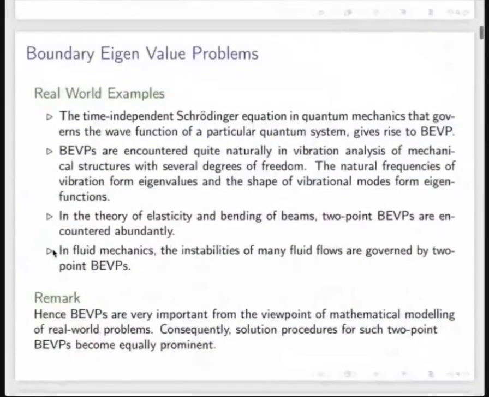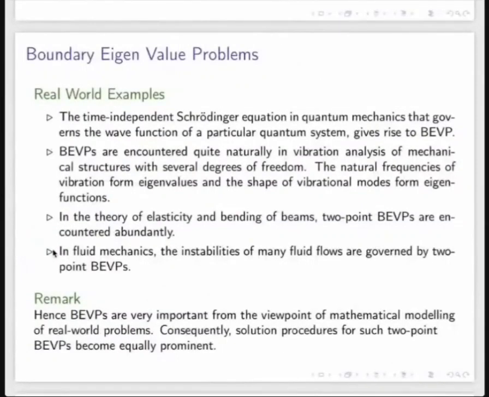And where do we come across such boundary value problems in real world applications? The time independent Schrodinger's equation that we come across in quantum mechanics governs the wave function of a particular quantum system and gives rise to a boundary eigenvalue problem. I'll be using the abbreviation BEVP, which stands for boundary eigenvalue problem. Other places where BEVPs occur naturally are in the vibration analysis of mechanical structures having several degrees of freedom.